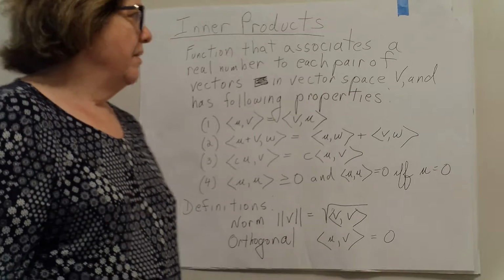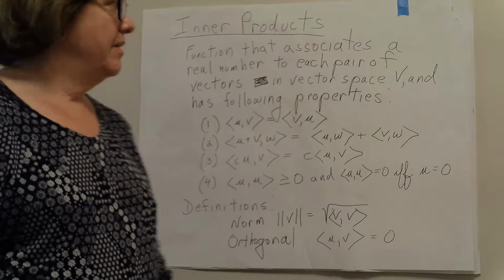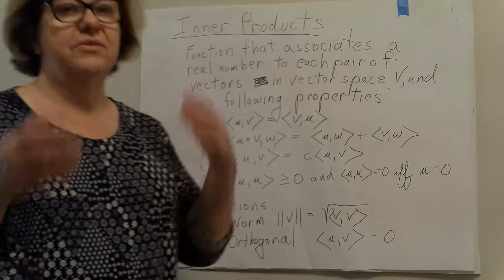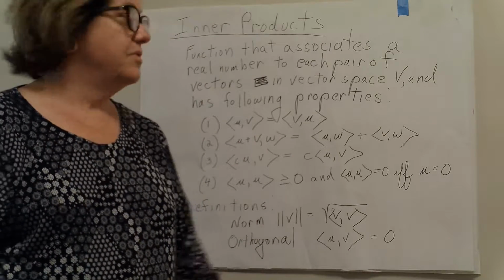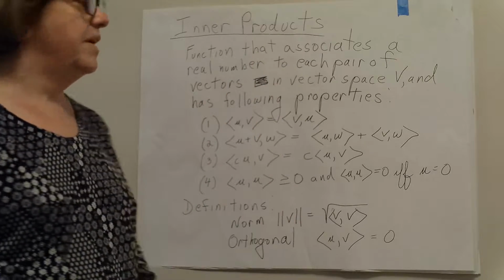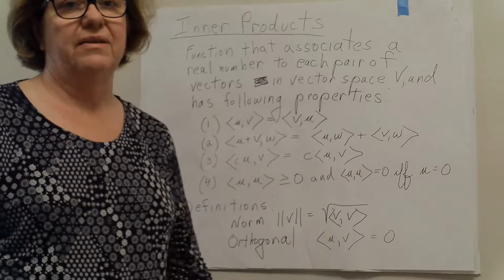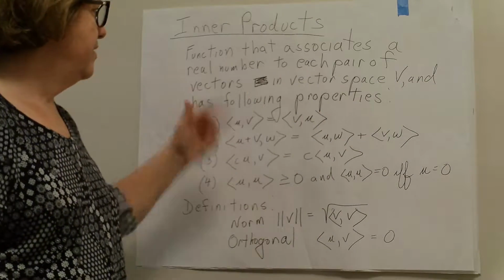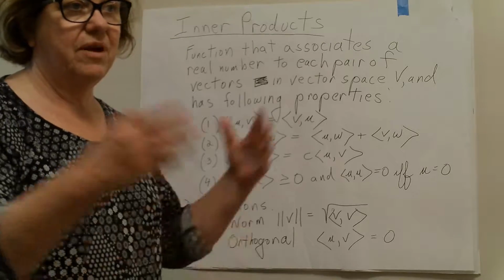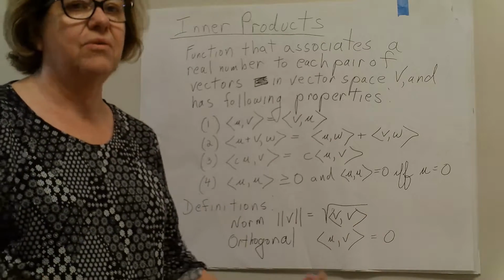So what we're going to do is we're going to define what an inner product is. An inner product is a function. It's a function that associates a real number to each pair of vectors in a vector space V. Now we're sticking with real numbers. We could have complex numbers, we could have complex vector spaces, but we're not going there right now.